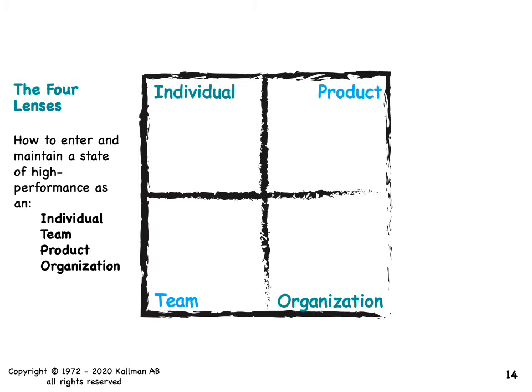The purpose of these 4 lenses is to help you enter into and maintain a state of high performance as an individual, as a team. Product, by the way, if I haven't already mentioned it, includes program management, process management, and line management, as well as the product marketing and product development management, or the product development lifecycle, whichever way you want to identify that.